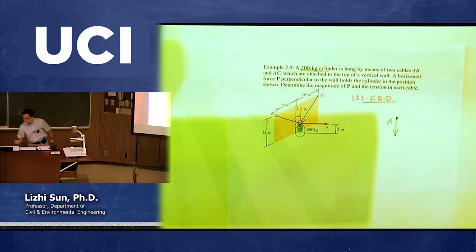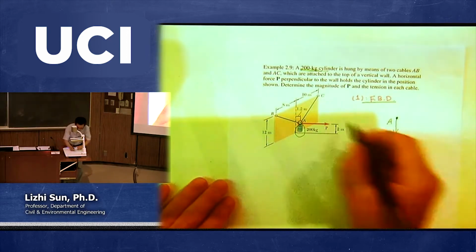So what is the magnitude of self-weight? 200 kilogram. The self-weight normally is given in terms of kilogram, but kilogram itself is not the unit for force. I was telling you in the first chapter when I went through those basic concepts, I said in international units, if ever you see kilogram, you need to transfer that kilogram to Newton.